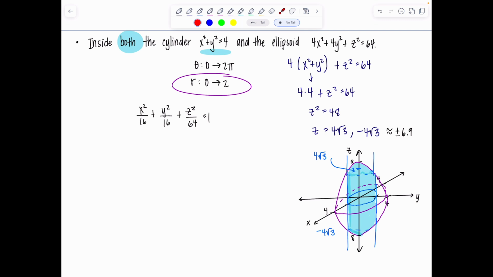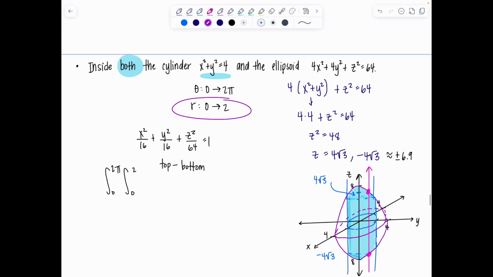Okay, so we've got the base region set up. 0 to 2 pi, 0 to 2. Now I need to figure out what's the height of my solid. So we need top minus bottom. Again, it's moving in the z direction. So bottom half of the ellipsoid, top half of the ellipsoid. Here's my ellipsoid.